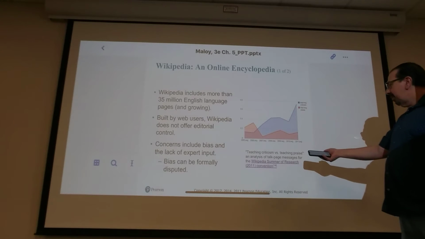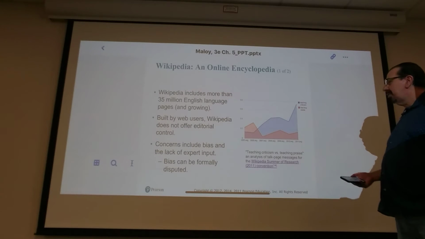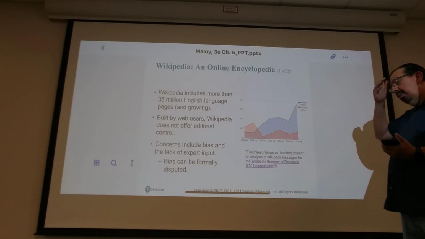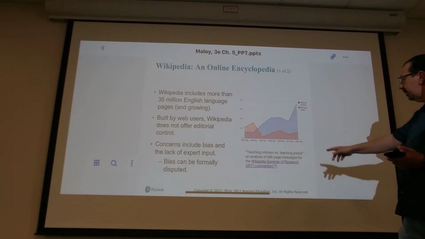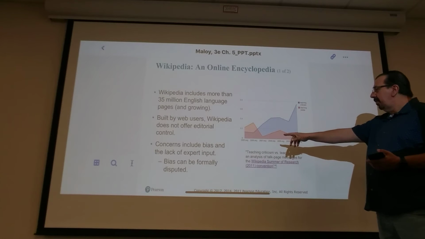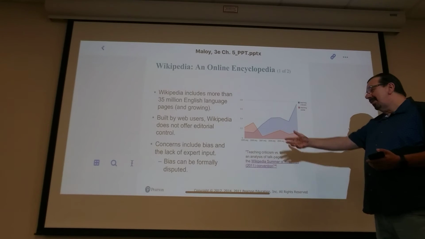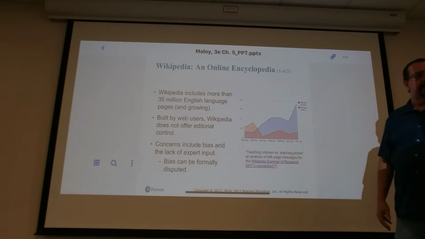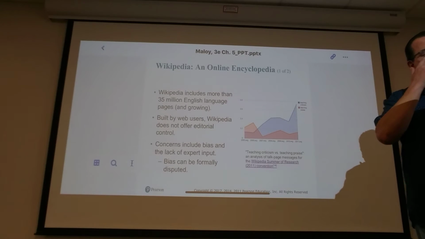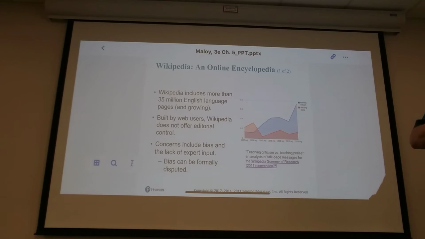Teacher criticism versus teacher praise as far as Wikipedia, and this is back to 2005 and 2011. In 2005 not as much was happening with the internet as far as popularity. We didn't have good cell phones, we had flip phones back then. We really didn't have smartphones.